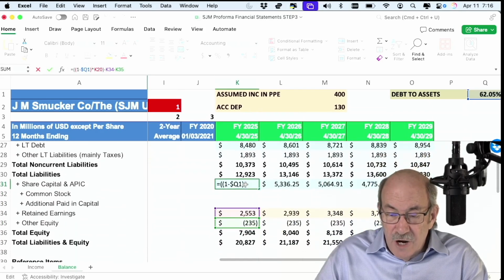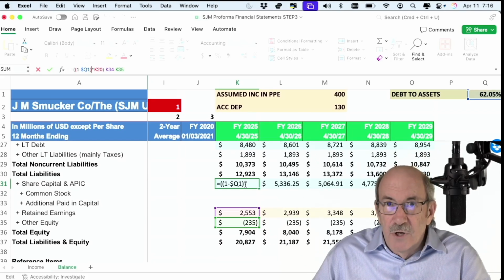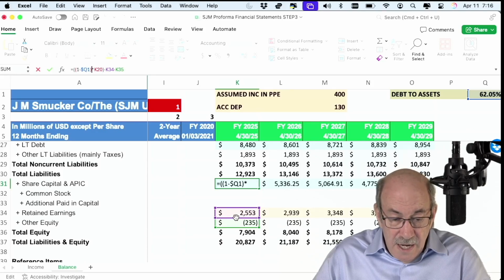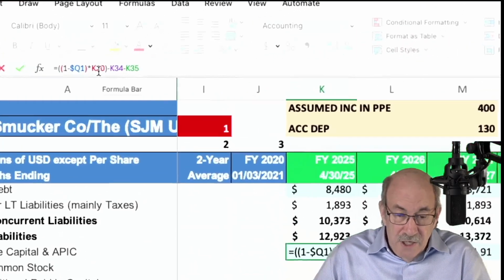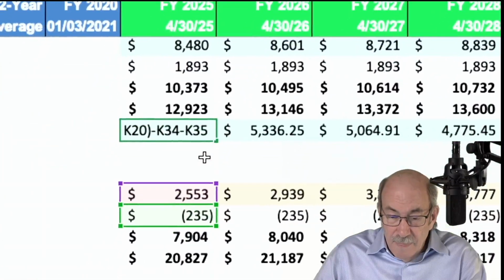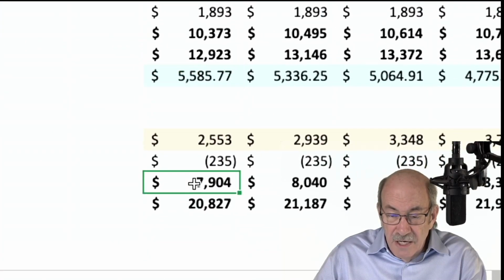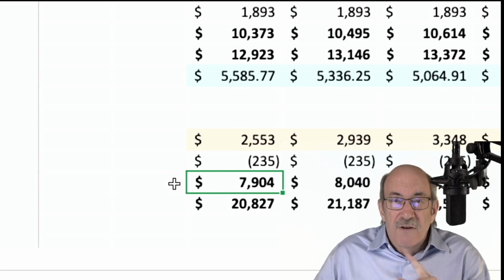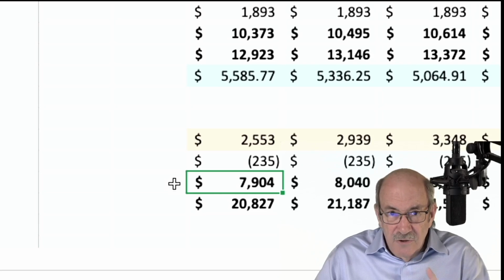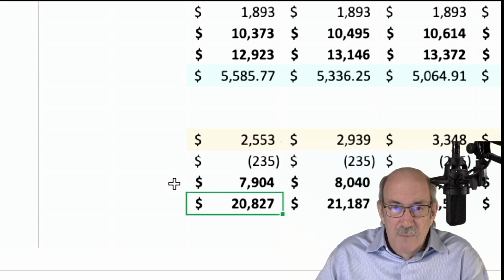Then I'm going to subtract from that any of the other equity accounts, in this case retained earnings down here at K34, and other equity at K35. So that amount of equity will exactly cause my total equity to be 37.95% of my assets. And when I add total equity with total liabilities, I come up with exactly the same amount as my total assets.